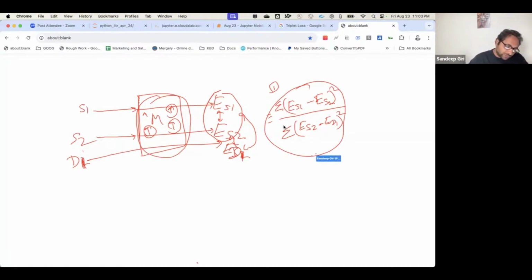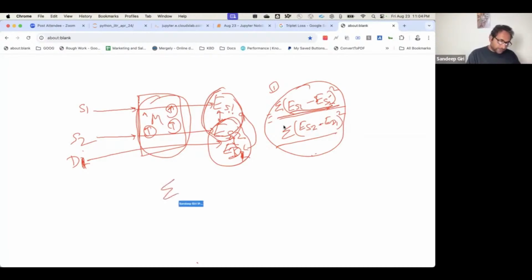The embeddings of Sandeep's first photo and Sandeep's second photo, you subtract them, square them, and this should be small, and the difference between these two should be big. And how do we express it in a single loss function? Either divide the first one by the second or subtract the first one from the second.